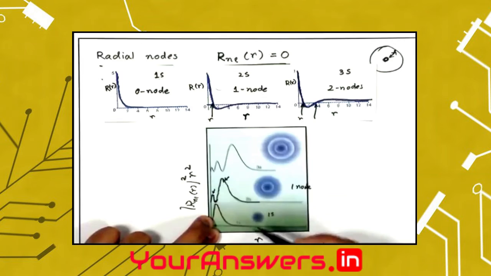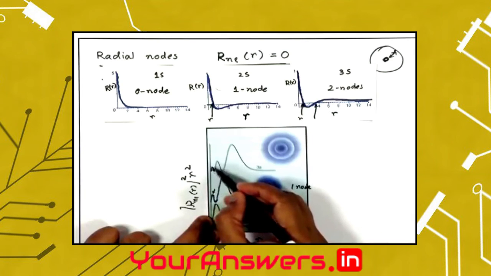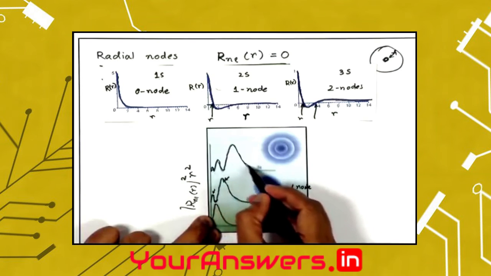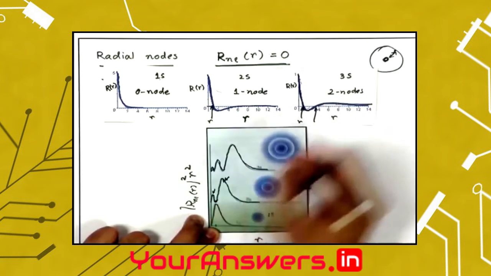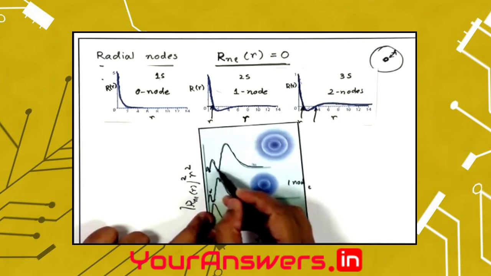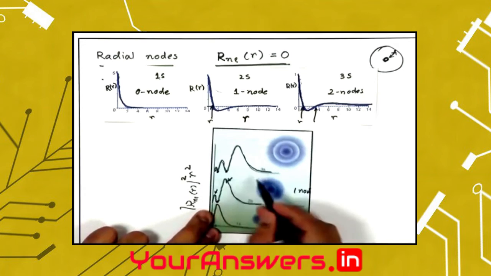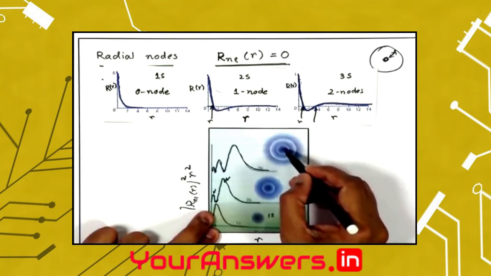When you look at the 3s, the radial distribution function has now 3 peaks. You can find this out, because there are 2 places where the wave function becomes 0, and therefore, there are 2 places where this probability density becomes 0. That means, there are nodes, and this is shown in this diagram this way.